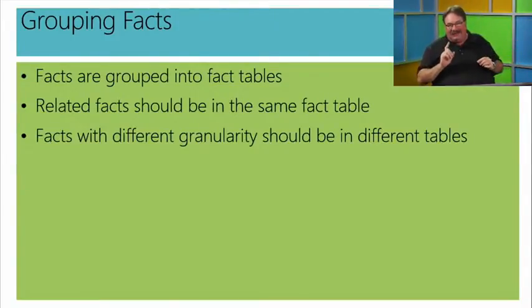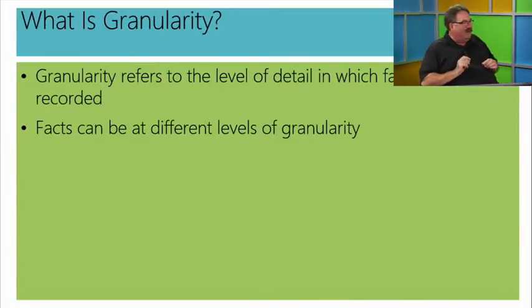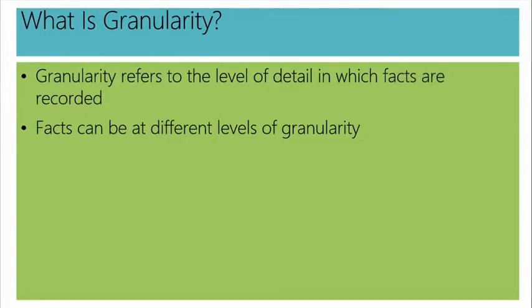The last thing that we're going to deal with here is granularity, because facts that don't make sense all the way up and down the dimension are not going to be keyed the same either, because they're going to have different granularity. Granularity refers to the level of detail that a fact has. For example, it may not relate to an individual customer.